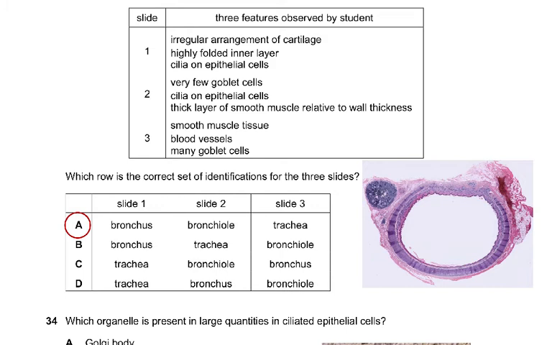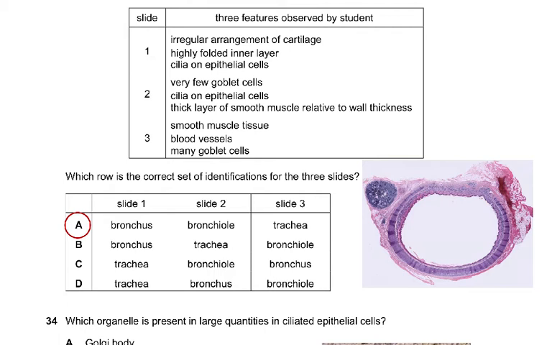Number 2, very few goblet cells, cilia on epithelial cells, thick layer of smooth muscle relative to wall thickness. Number 3, smooth muscle, tissue, blood vessels, many goblet cells. Now, which row is the correct set of identification for the 3 slides?